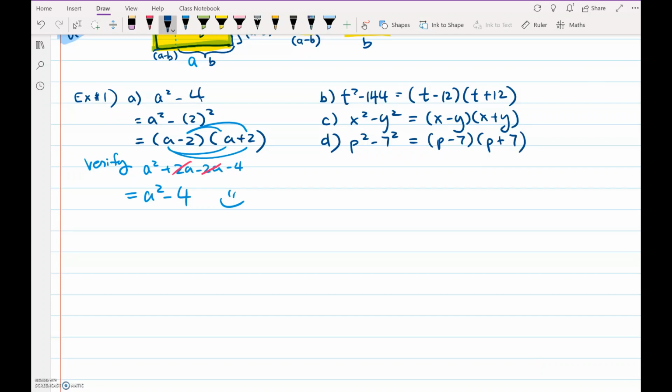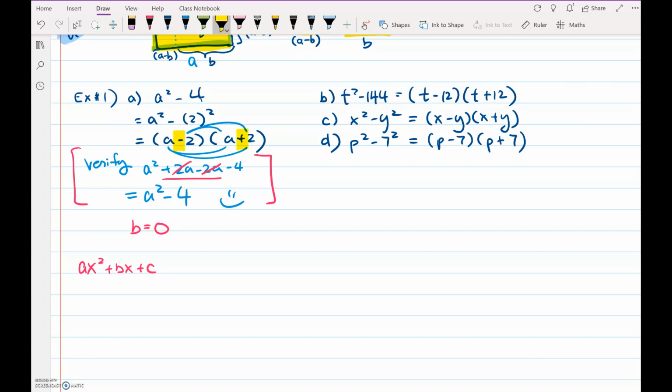Now, looking at this verification we just did, the reason we're able to get b equals 0, so b in our formula ax squared plus bx plus c, we can get b equals 0 because these two cancel out. And the important thing is that our signs need to be different.